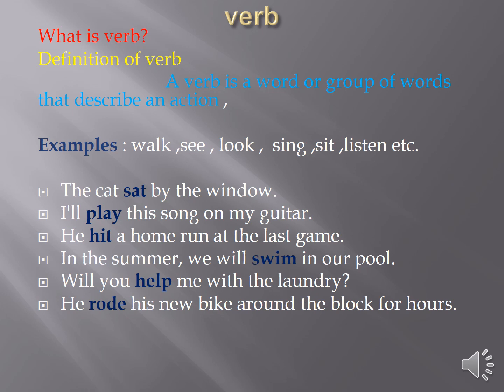It's the past form of ride. What is rode? It is the past form of ride. Understood? So he rode his new bike around the block for hours. So "rode" is a verb here. Understood, children?